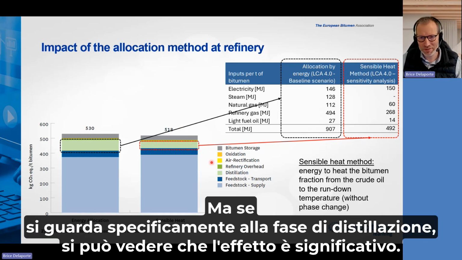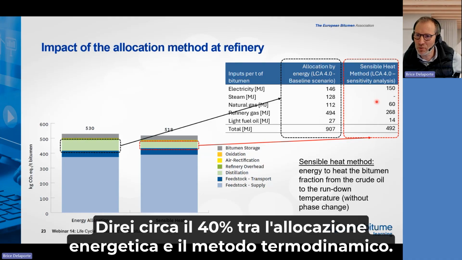But if you look specifically at the distillation stage, you can see that the effect is significant. I would say around 40% between the allocation by energy and the sensible heat method.